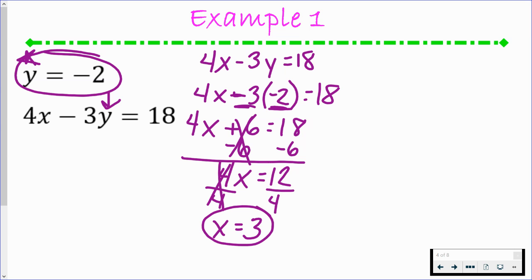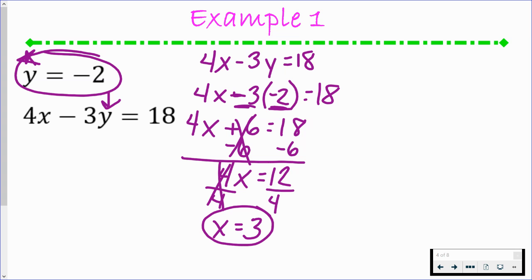Now the awesome part about this example is that if you notice the first equation we work with, it already told you what y was equal to. It says y equals -2. If it said y equals -2x, then yes, you'd have to plug back in. But it's just telling me that y is -2.